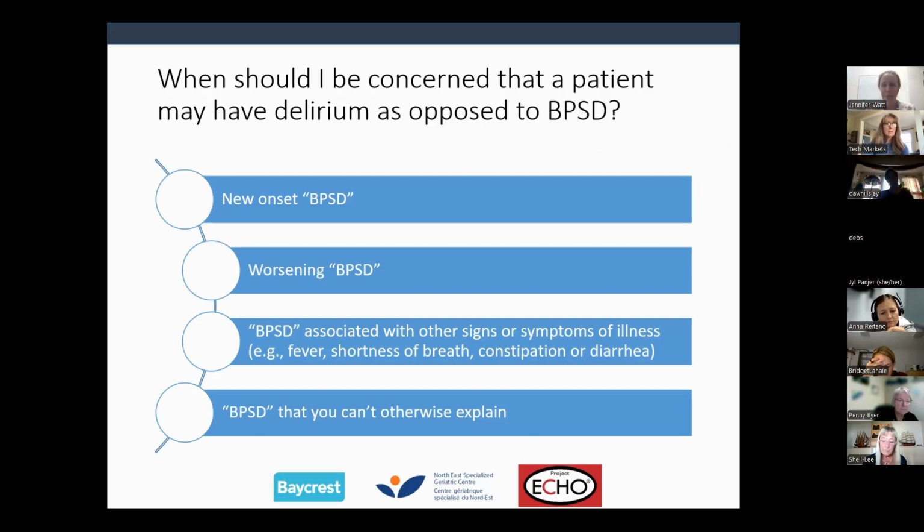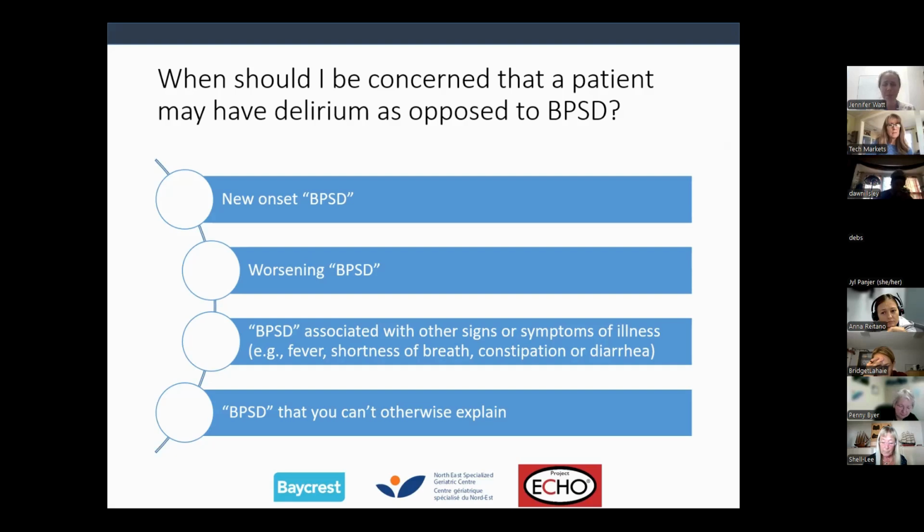Certainly, if the BPSD is associated with other signs or symptoms of illness, if somebody has a fever, or if somebody is talking about pain that they didn't have before, or if somebody's all of a sudden constipated or having trouble breathing, for example, all these things should make you worry that it might actually be delirium and not related to their dementia.